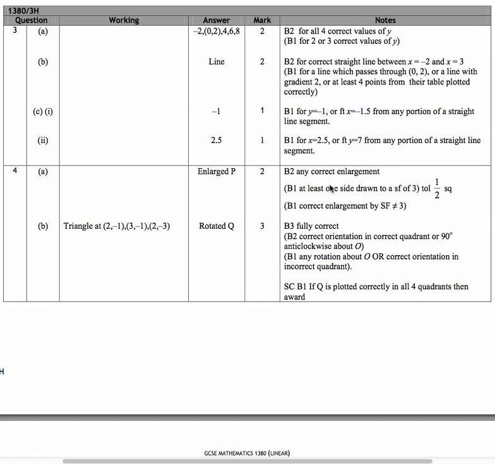Okay, and you get 2 marks for the correct enlargement. You get 1 if you've drawn a triangle that's the correct scale factor but in the wrong place, and you get 1 if you've done some kind of enlargement but by the wrong scale factor. Then 3 marks for a correct rotation. 2 marks if you've got it down into the correct quadrant.